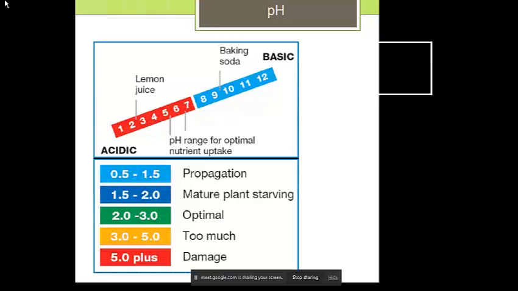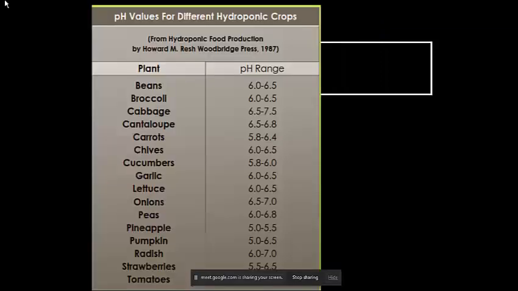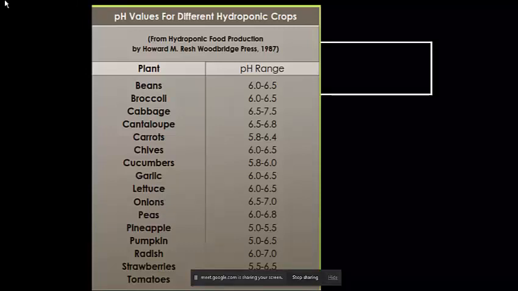You can understand the pH range from 1 to 14, and you can adjust your hydroponic pH by using lemon juice or baking soda. Now this is very important. Now tell me, what is the most common pH of all the plants? Most common pH is 6 to 6.5. Beans, broccoli 6 to 6.5. Cabbage almost the same. Carrots, same.